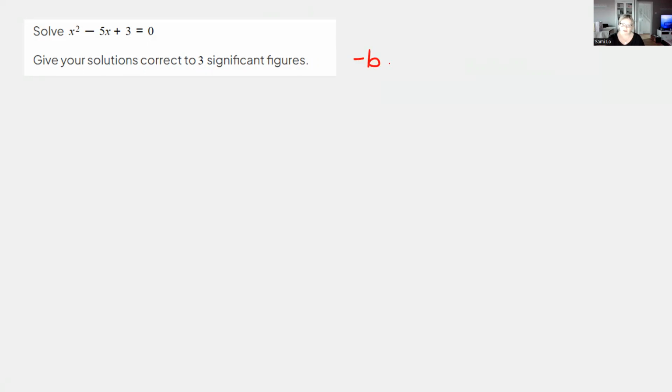So if you haven't already memorized it, some of you might have, it's minus b plus or minus the square root of b squared minus 4ac all over 2a. So if we can imagine, when we have the quadratic formula, it follows the pattern of this. So your a is the number in front of your x squared, so your coefficient, which in this case a equals 1.